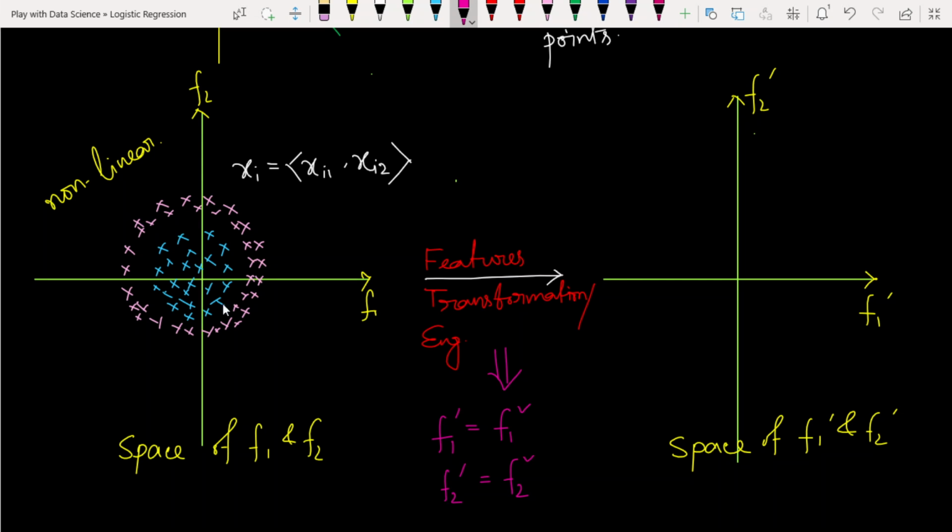If we transform this data, let's first consider only the blue data points. After that we will go to the pink data points.